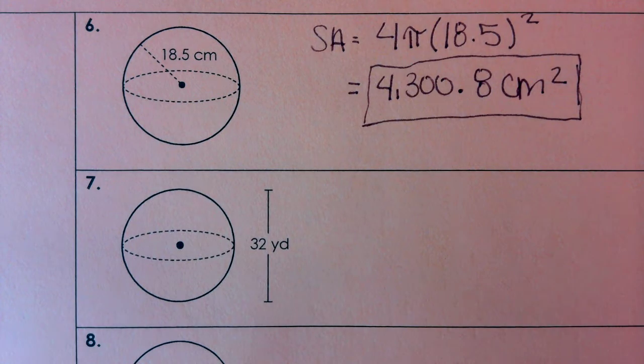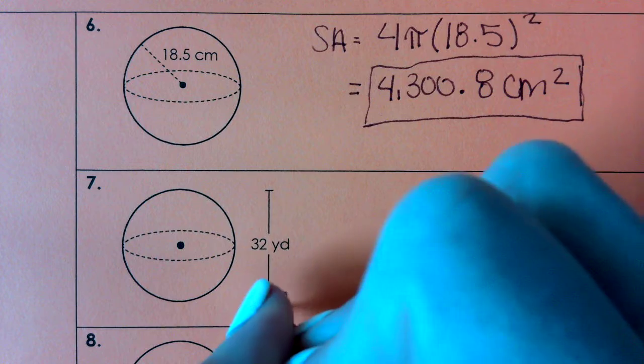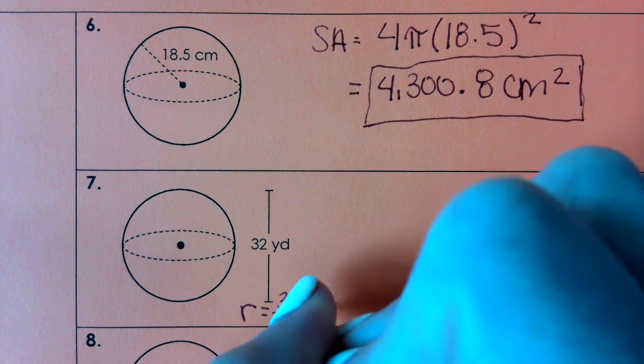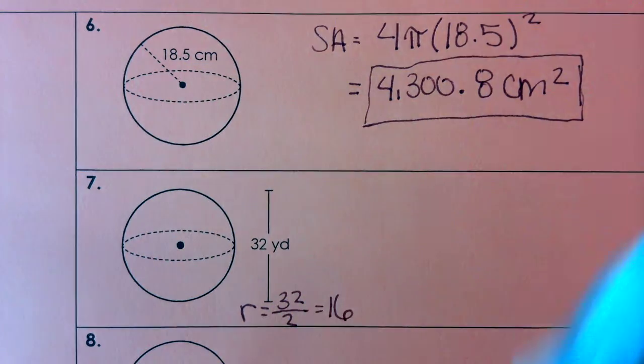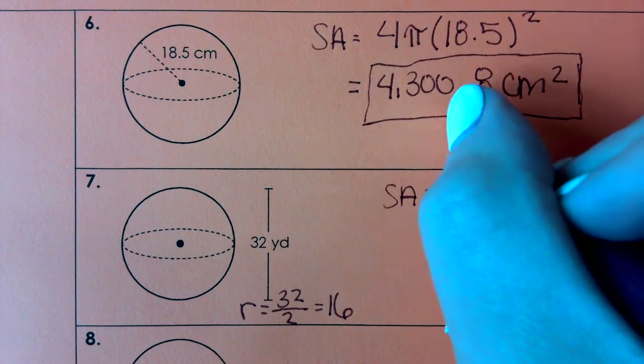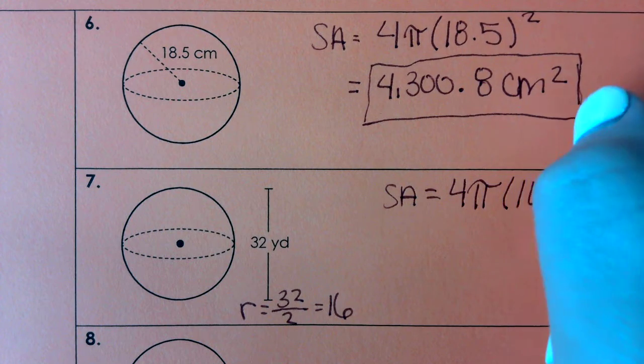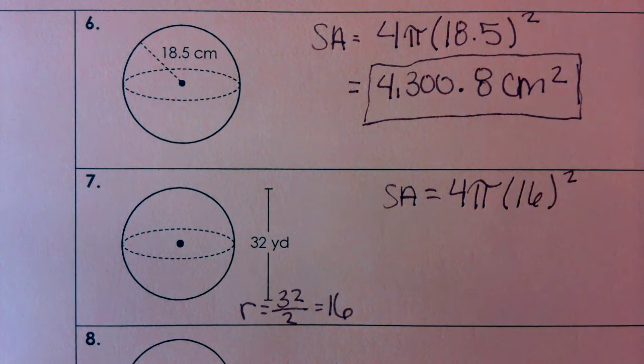What's wrong with 7? Has my diameter, so what do I need to do? Need to divide that by 2. So 32 divided by 2 gets me 16. So I have my surface area equals 4 pi times 16 squared.